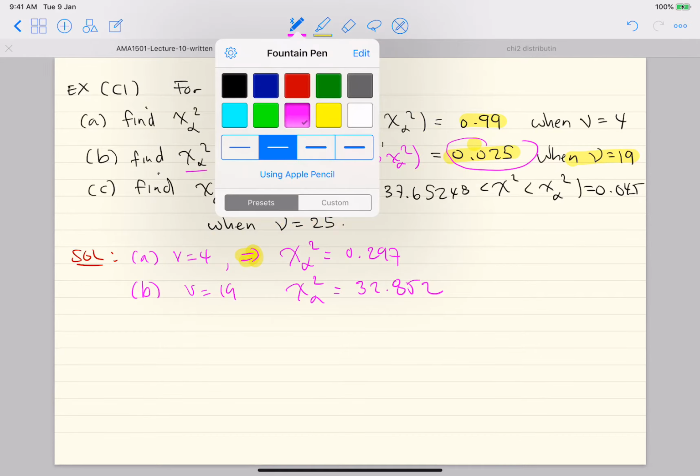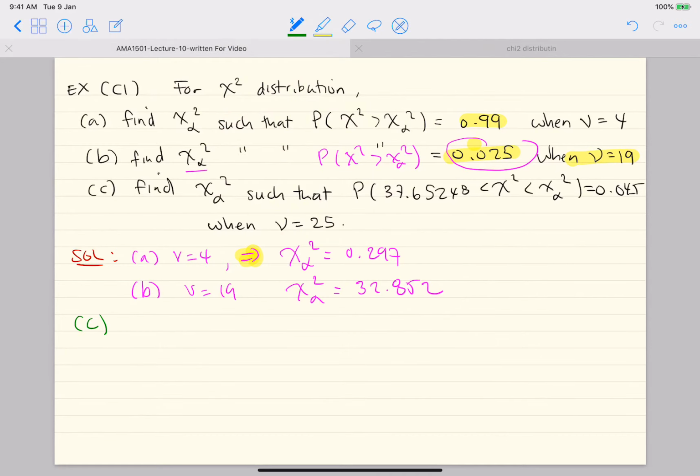Now for C, find the chi alpha squared such that the probability that chi squared is in between 37.652 and chi alpha squared is 0.045. So let's draw what's going on. We have our chi-square distribution with 25 degrees of freedom. It basically just looks like this.